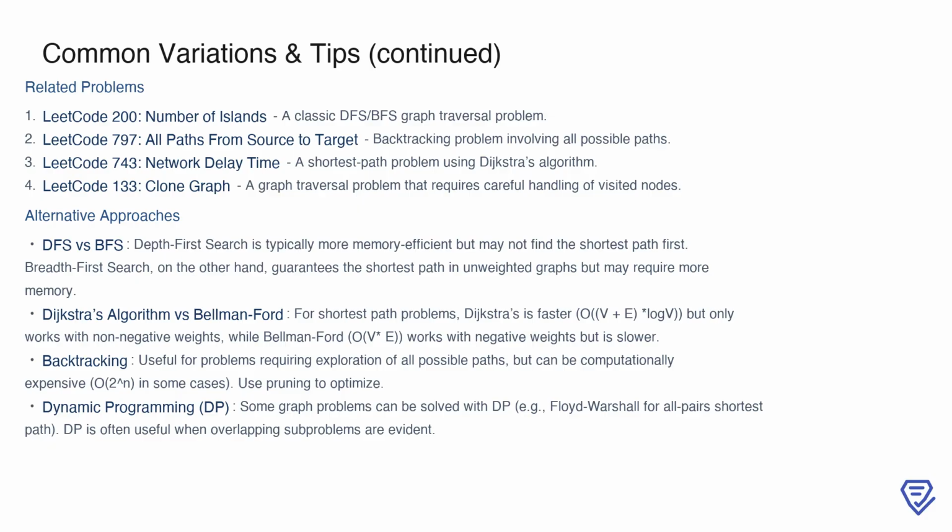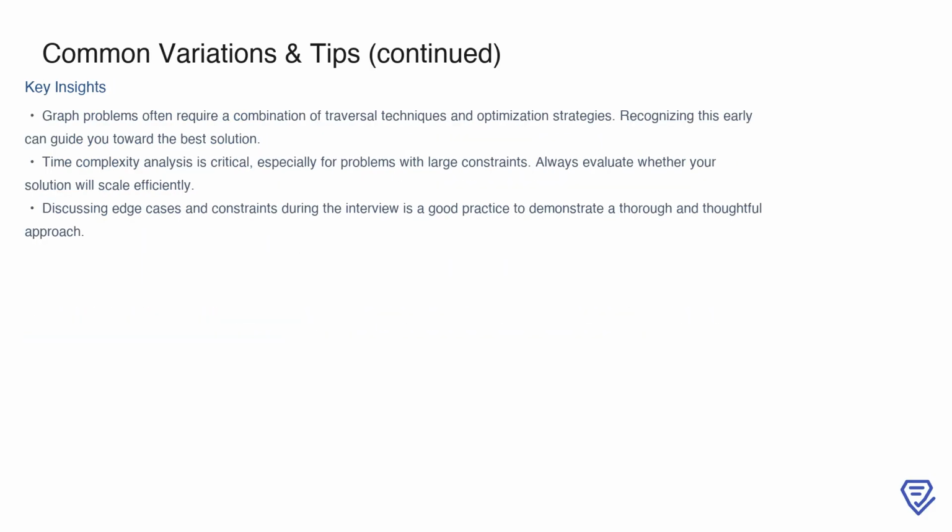Dynamic programming is another powerful tool, especially when problems involve overlapping subproblems, such as in Floyd-Warshall for all pairs shortest paths. To excel in graph problems, it's crucial to recognize that they often require a mix of traversal techniques and optimization strategies. Identifying the right combination early on can guide you toward an effective solution.